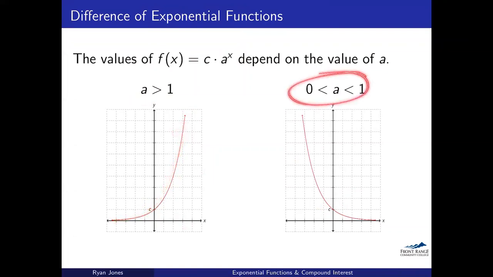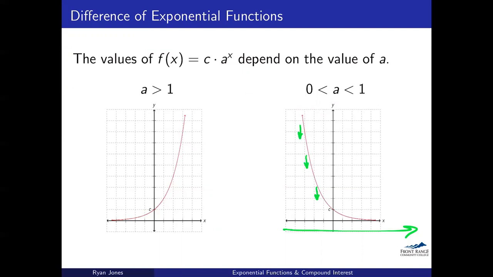If a is between 0 and 1, then your graph actually decreases. As I increase my x value, my function will actually decrease in its y value. And so the value of a is very important here. Like I've said, if a is between 0 and 1, then I have a decreasing function. But if a is greater than 1, I have an increasing function.